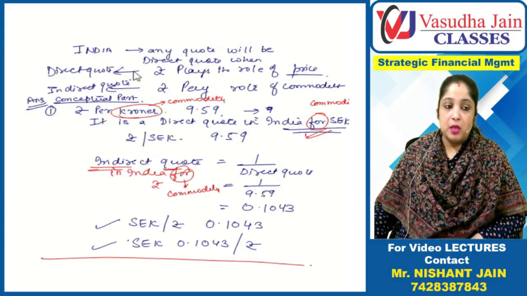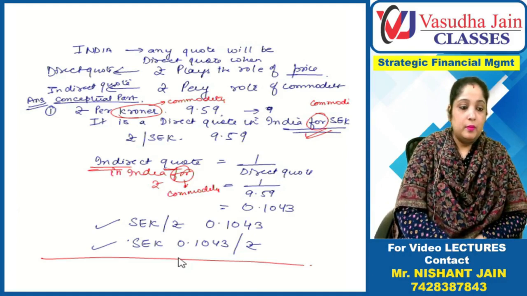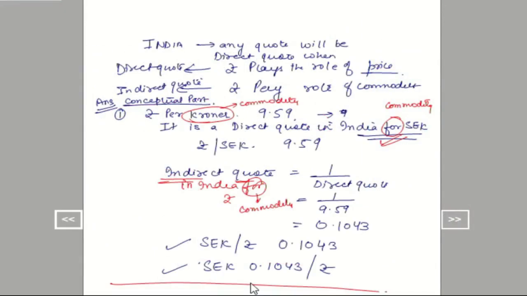Okay, this was your first part. Please pause the screen and write it down. I am enlarging the screen. Please write it down. This is the first page. Then I am shifting to the second page.